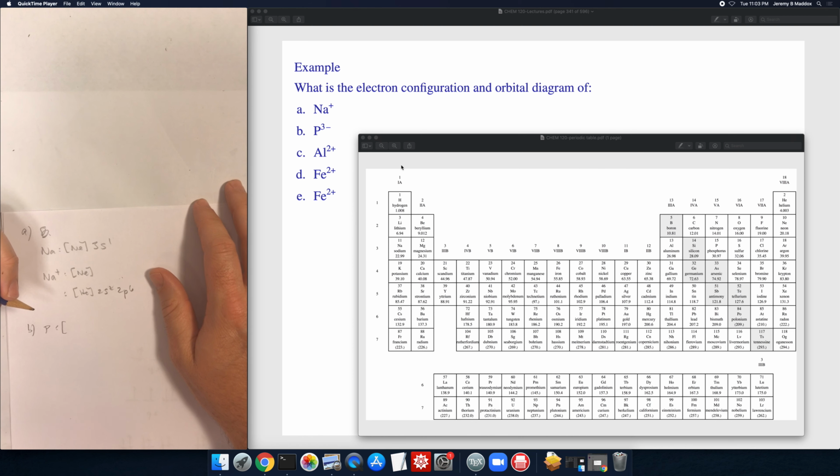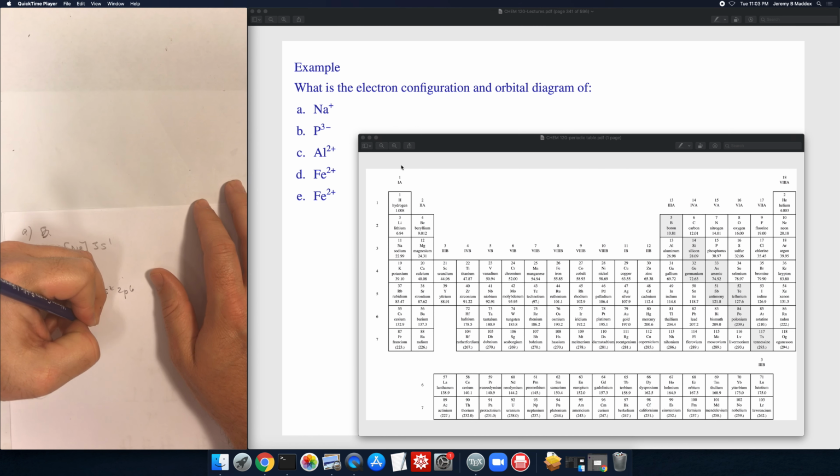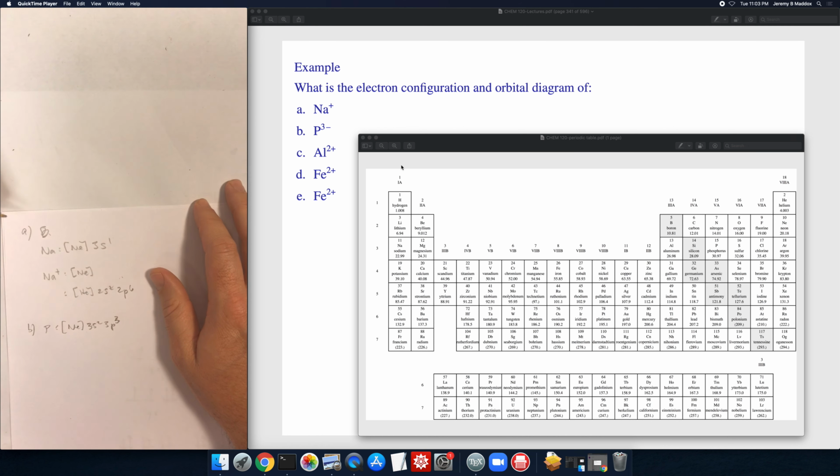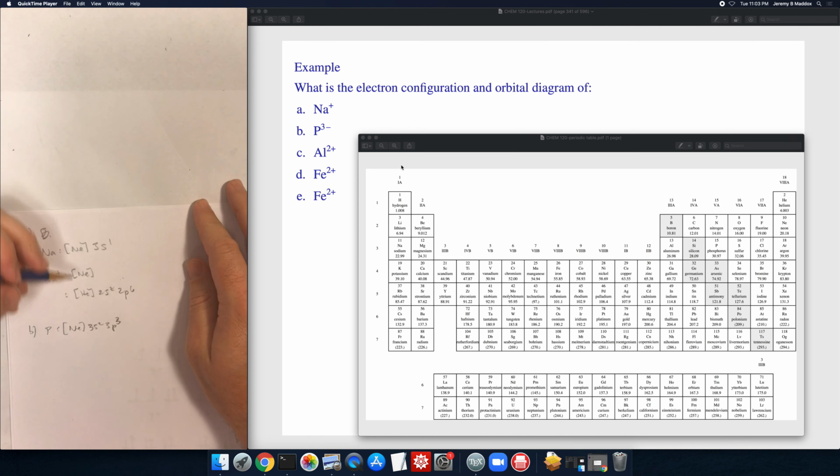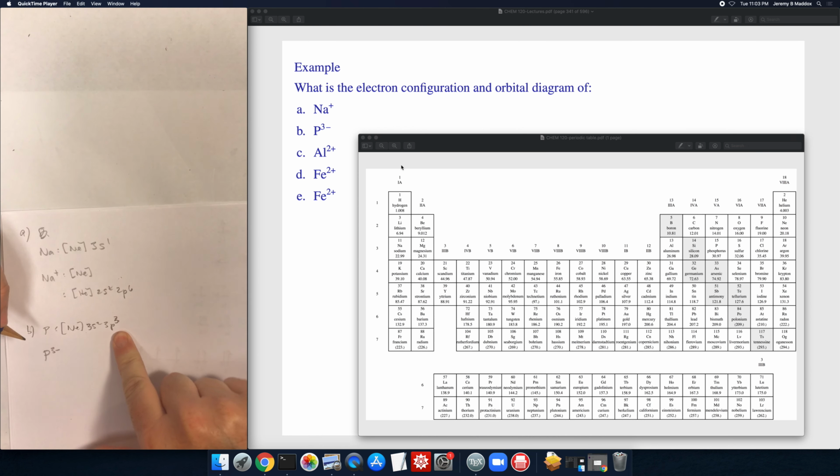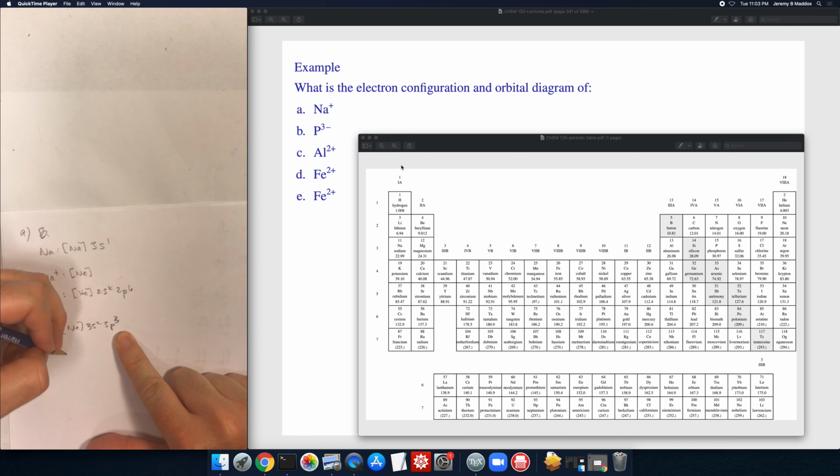For the phosphide ion, let's do phosphorus again. So it was a neon core, 3s2, 3p3. Phosphide gains 3 electrons. That's going to completely fill the 3p subshell.